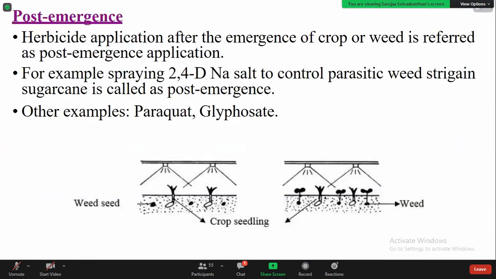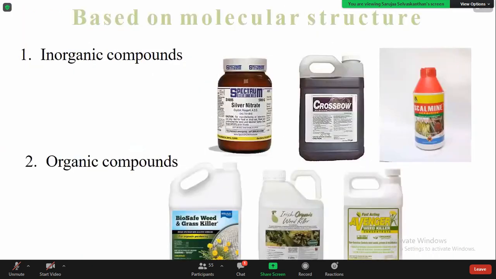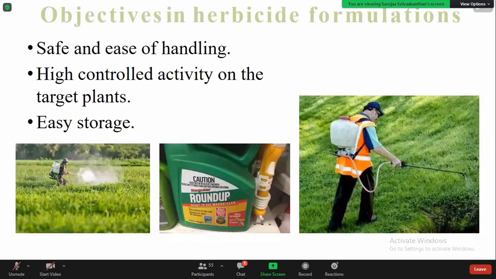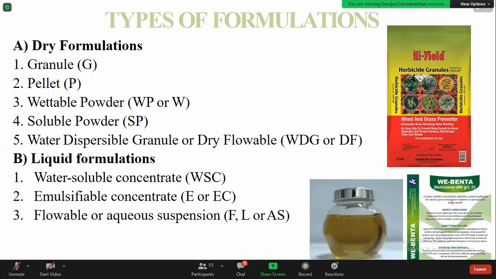Next one, formulation. Herbicides in their natural state may be solid, liquid, volatile, non-volatile, soluble or insoluble. Next, objectives in herbicide formulations: safety and ease of handling, high controlled activity on the target plants, and easy storage. Next, types of formulations.